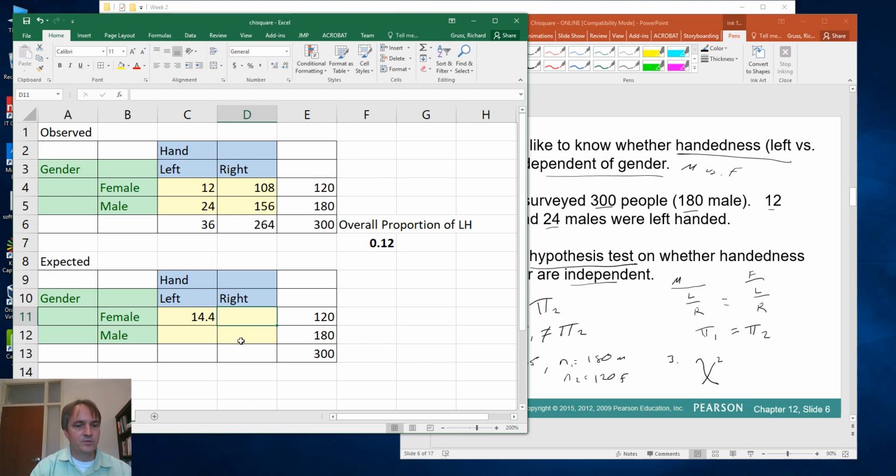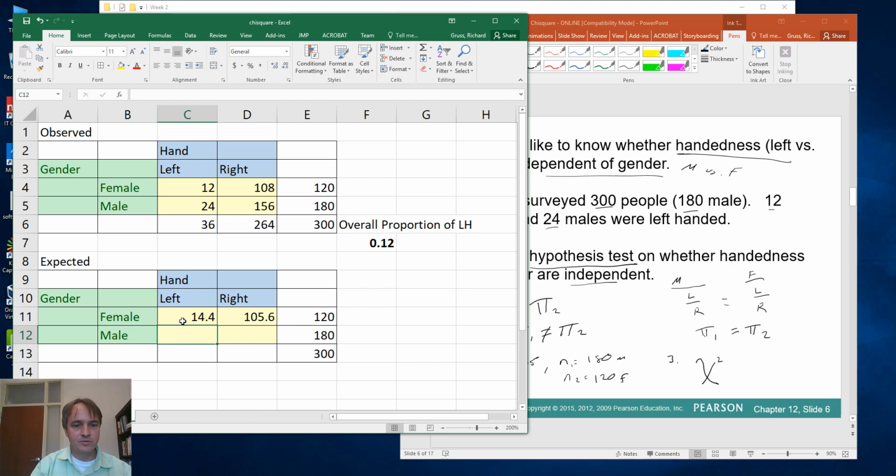And to do the right-handed, we would just do the same thing: 120 minus whatever we had over here. I know it doesn't make any sense to have 14.4 left-handed females, but this gives us a more precise expectation so that we can see how far we are from that.